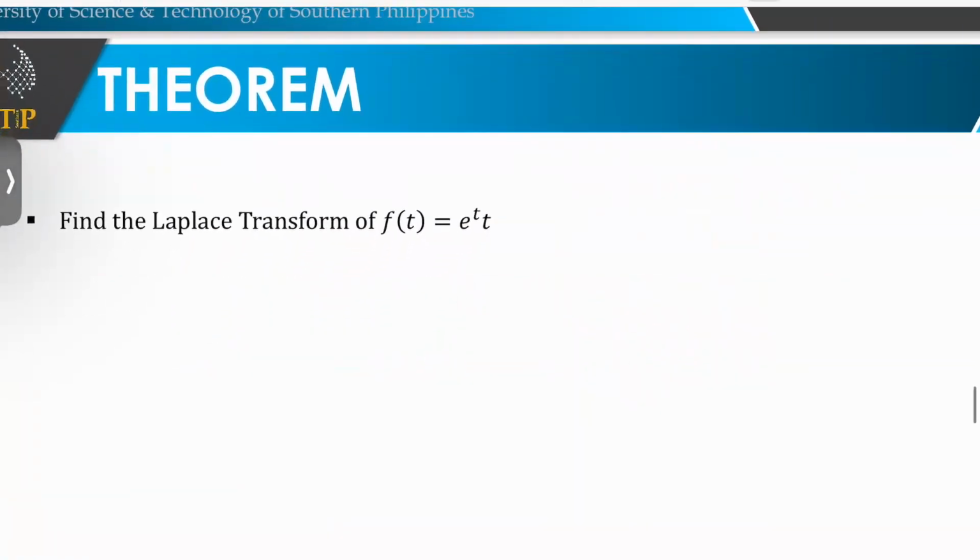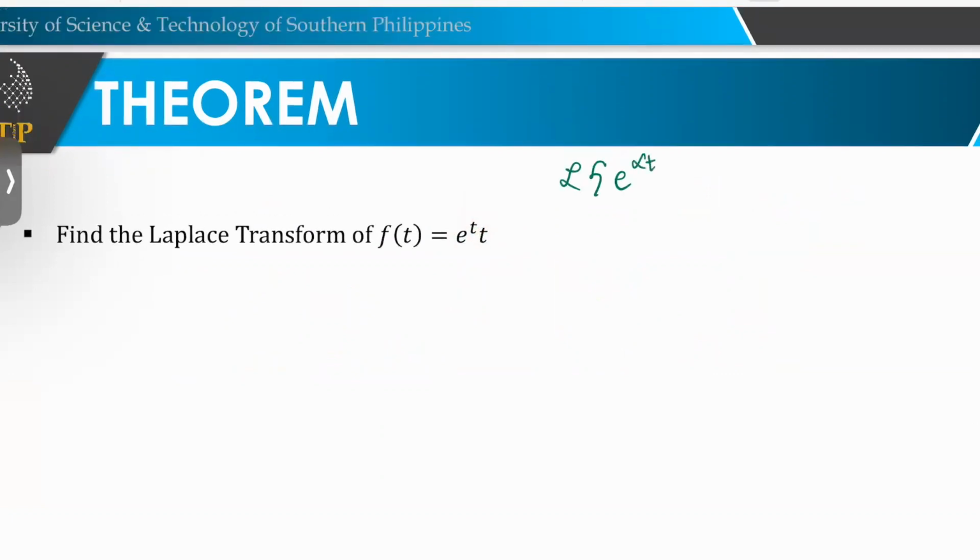Remember that we have a theorem involving the exponential function, and a theorem involving the t. Our first theorem that we discussed is the exponential function multiplied by some function, and the other is t to the n f of t, right?